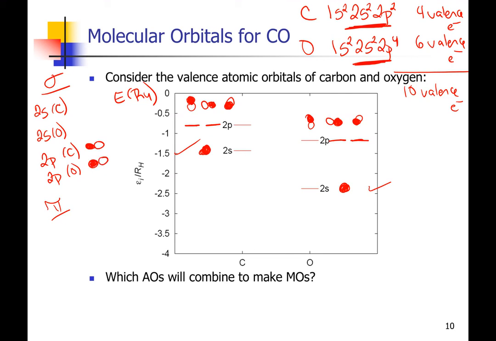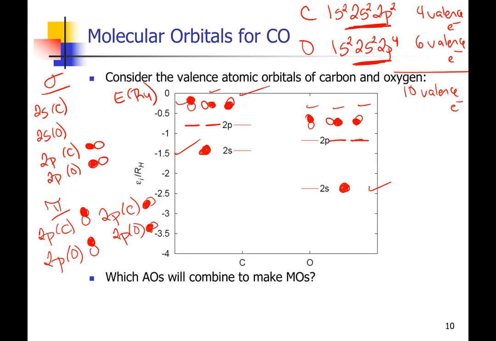And then the other 2p orbitals each have a nodal plane passing through the bond axis, so they are all pi symmetric. So we're going to have a 2p on the carbon and a 2p on the oxygen, and the other 2p on the carbon and the other 2p on the oxygen. So let's say, for the sake of argument, that these are the up and down ones and these are the forward and backwards ones. And that is all of our atomic orbitals assigned either sigma or pi symmetry.